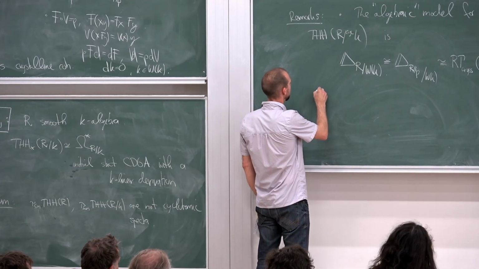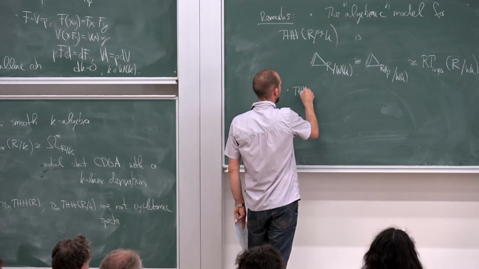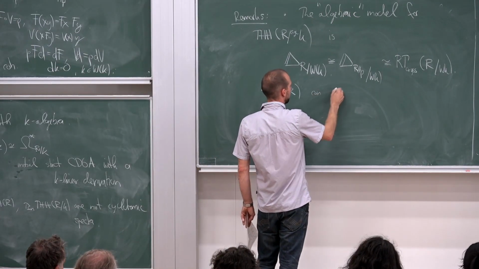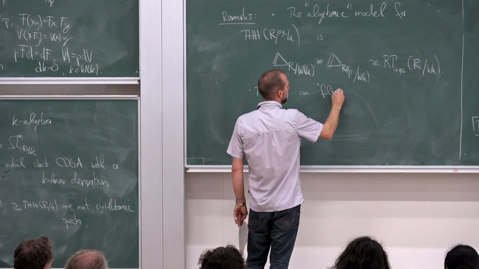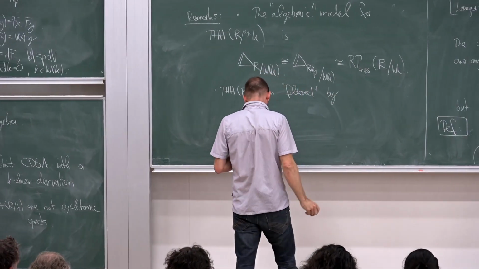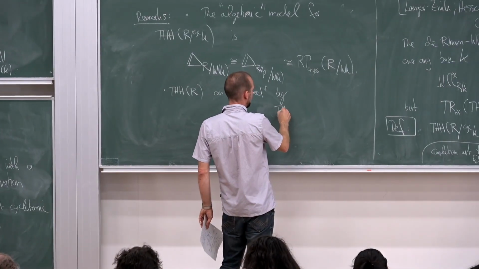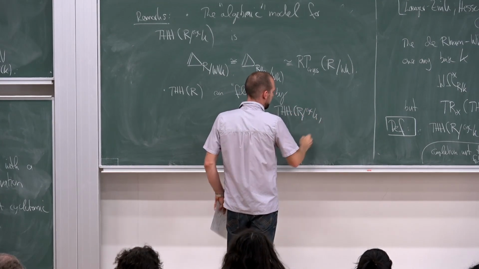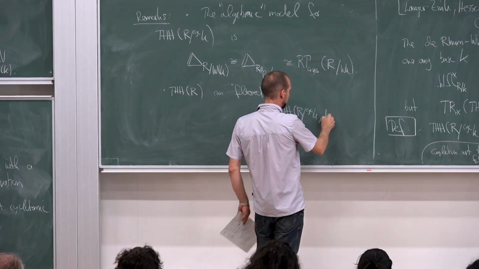Let me also say that you can basically recover THH of R: it can be filtered by pieces of the form THH of R relative cyclotomic K, with coefficients in the TR groups of K.